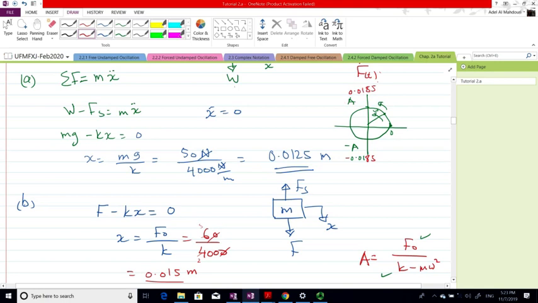This is the amplitude, either negative or positive. So you have maximum forward or maximum backward. So this is the displacement. All right, now it's clear.